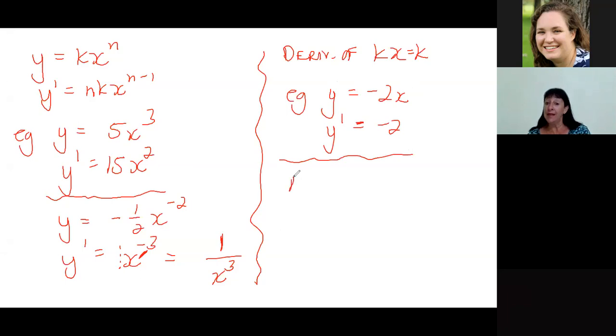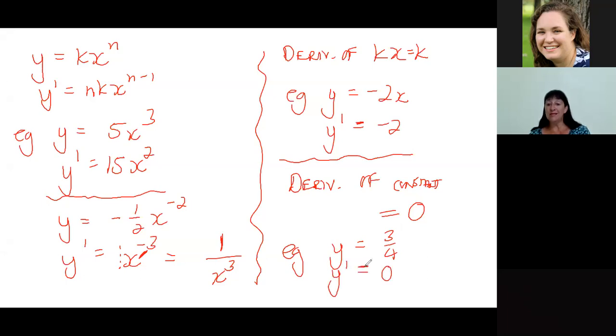And then another subsidiary is that the derivative of a constant is 0. For example, if y equals 3/4, because 3/4 has no x, it's just a constant, its derivative will be 0.